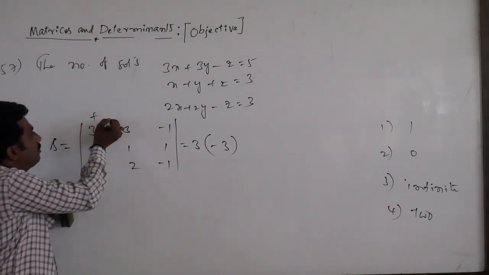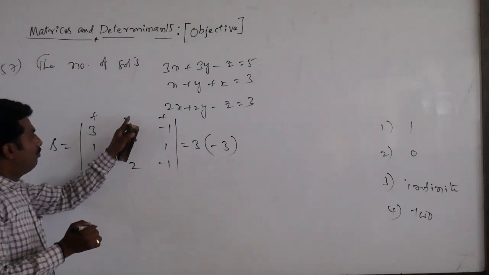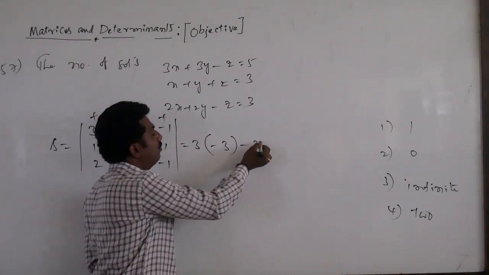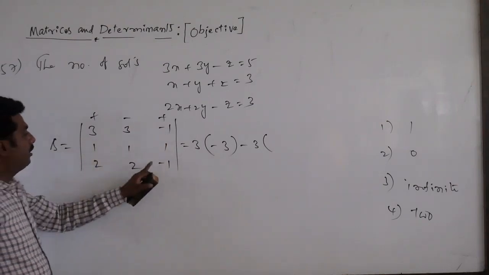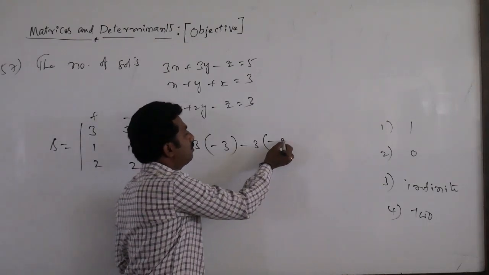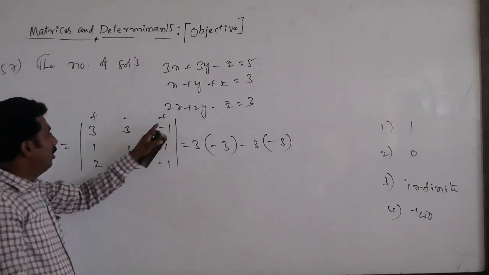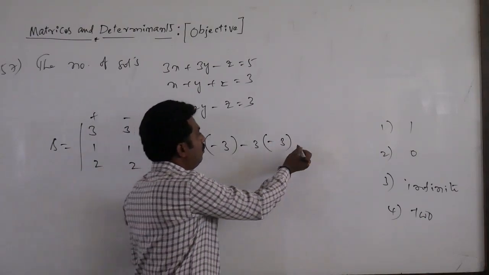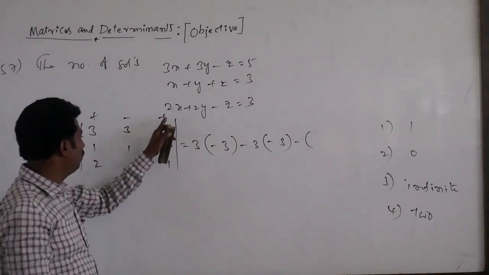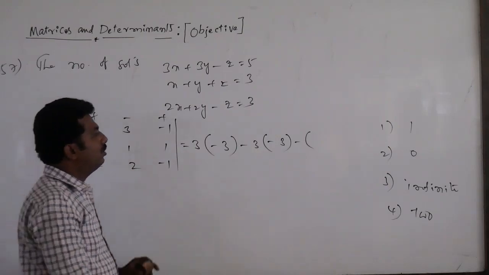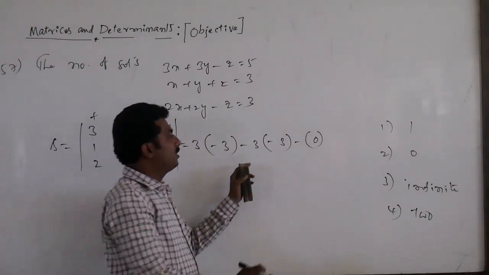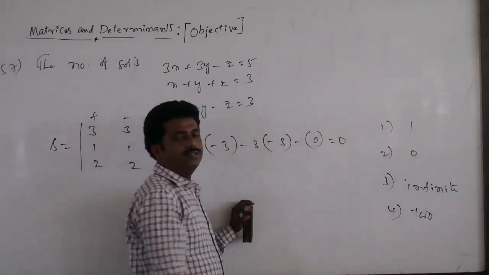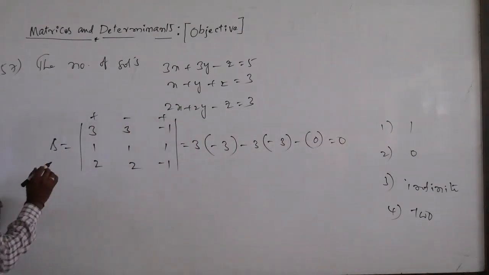The signs are plus, minus, plus. Minus 3 into, closing this column and row: minus 1, minus 2, it is also minus 3. Minus 1 into 2 minus 2, which is 0. So minus 9 plus 9 is 0. So delta equals 0.